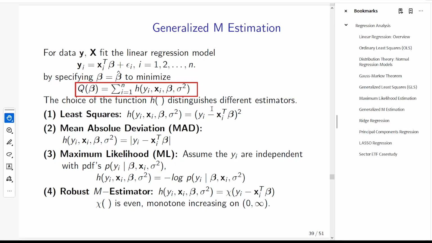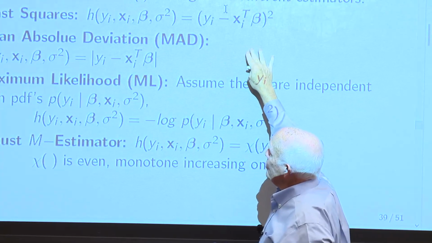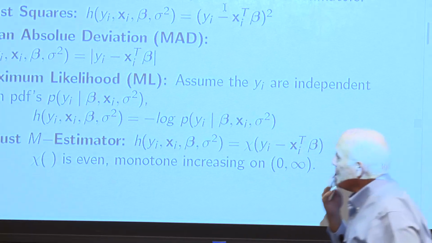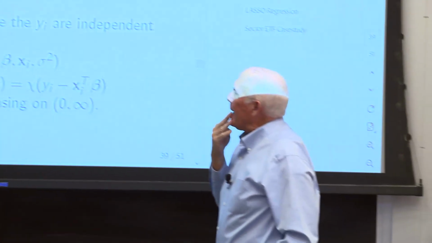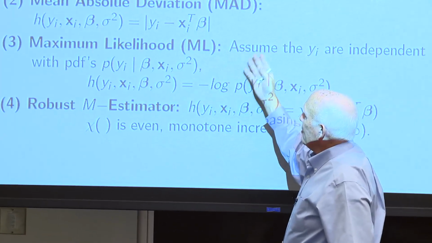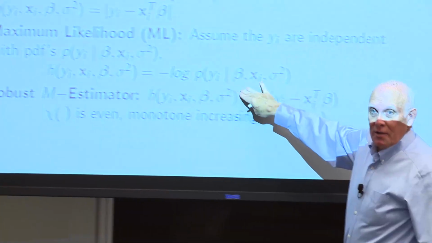And the choice of h, well, if we choose h to just be the square of the difference between y and the linear estimate given x i, that's least squares. There's no reason in principle why we should use squares. We could use absolute deviations and sum those. And if we wanted maximum likelihood estimates, we could choose h to be minus the log of the density.